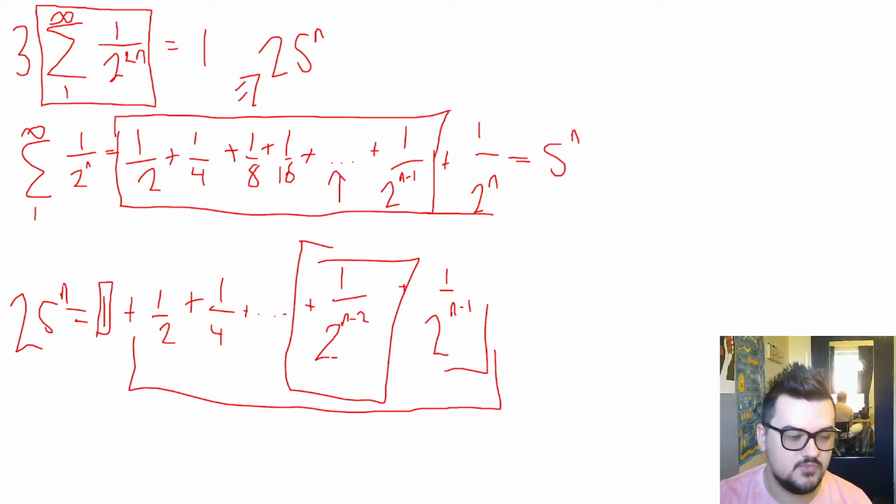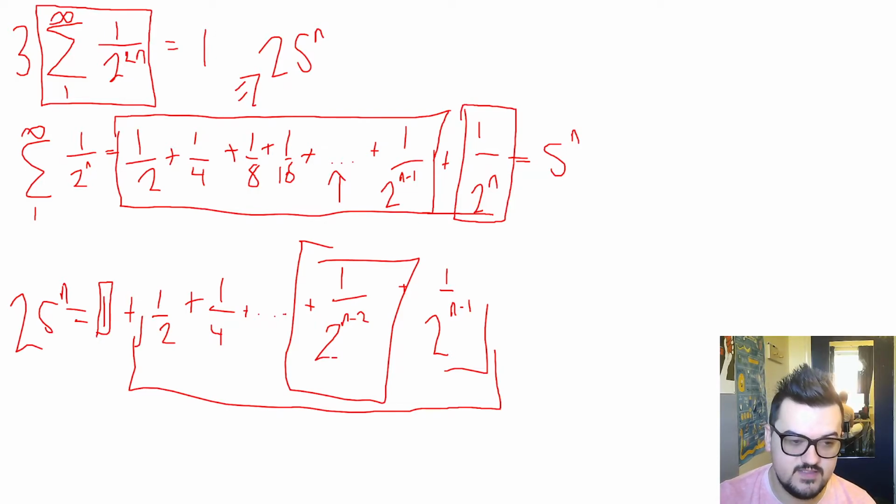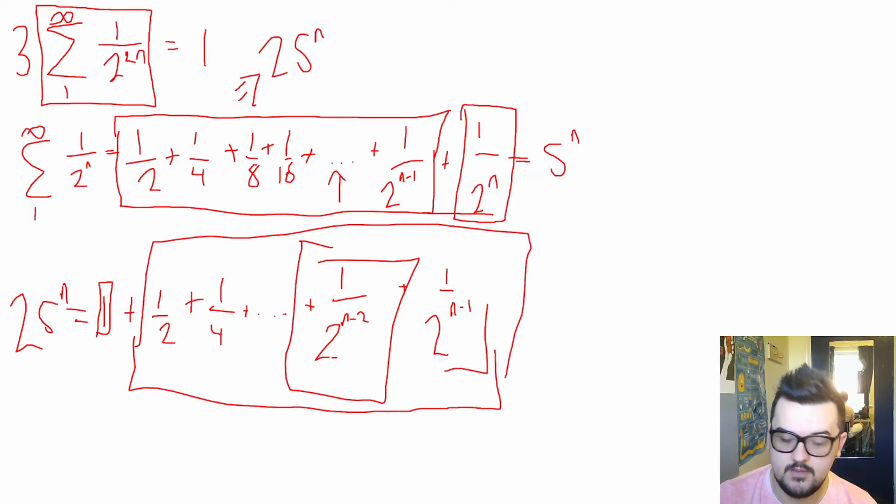So there are two terms that we are neglecting: we're neglecting this first term, and we're neglecting this last term. So we can say that all of this here equals Sn, subtract our final term, which is 1 over 2 to the n.